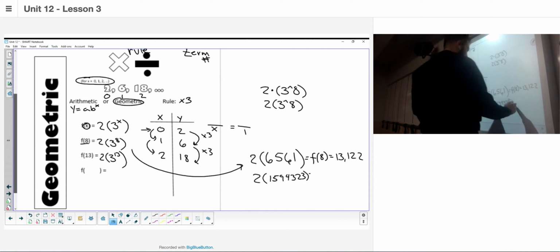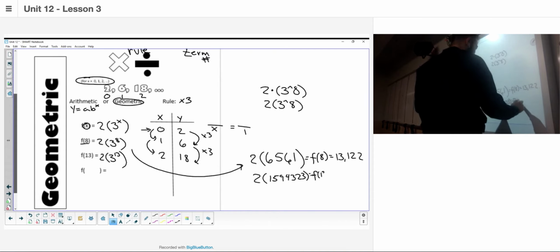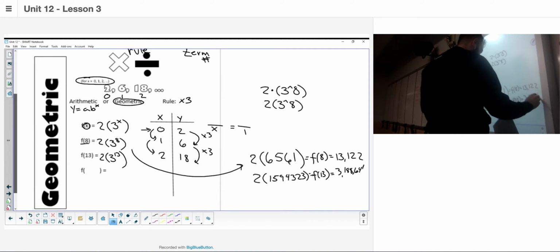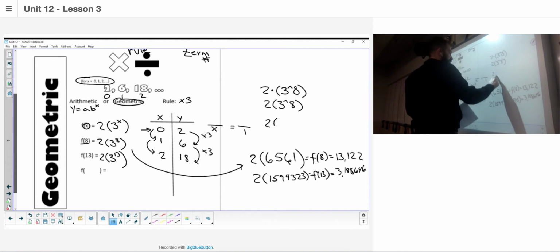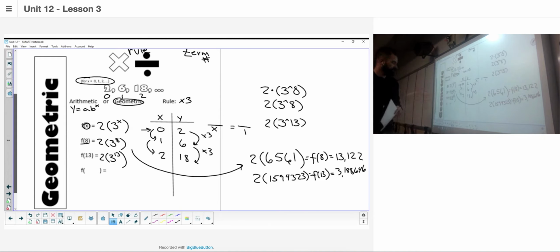Which equals, f of 13 equals 3,188,646. Again, this would be a great opportunity to use your calculators. 2 times 3 to the 13th power, and you're done.